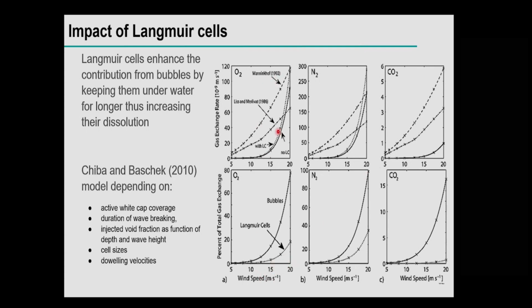So we can look at oxygen. You can see that above 10 meters a second, bubbles start becoming important. At already 15 meters a second, they account for 20% of the total flux. And you also start having Langmuir circulation that is important. Now for CO2, it's clearly mostly bubbles, and Langmuir circulations seem to be less important in terms of bringing the bubbles down.